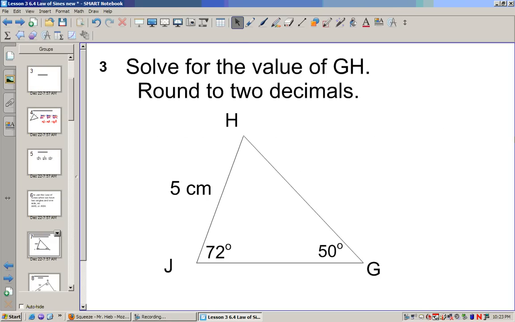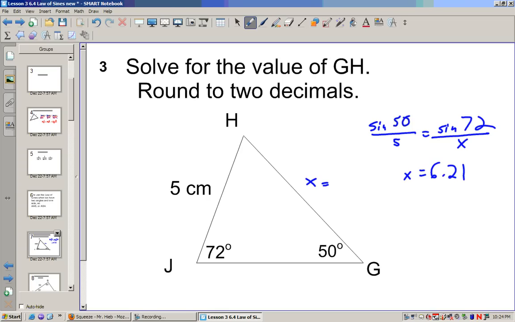So in this situation, if I want to find GH, which is this side, let's call it X, what I would do is say the sine of 50 over its opposite side, which is 5, is going to be equal to the sine of 72 over its opposite side, which is X. So now you take your calculator, cross multiply and divide to get 6.21 if we're rounding to 2 decimals.